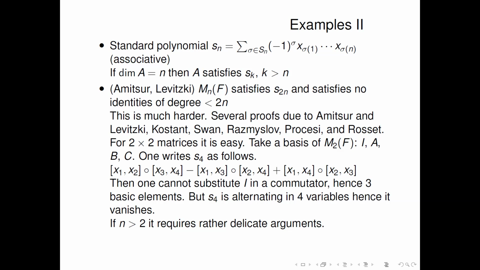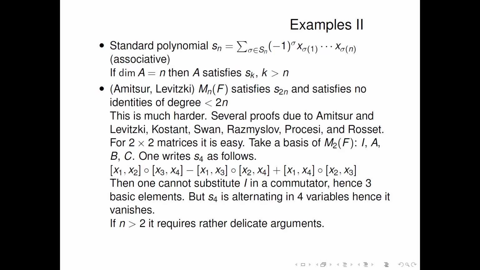But if you substitute the identity matrix in a commutator, you get 0. So you cannot substitute the identity matrix, since it is easy to see that then it is 0. But then you have only 3 matrices to substitute, and this is alternating in 4 variables. So the same argument as here shows you that S4 vanishes on M2.